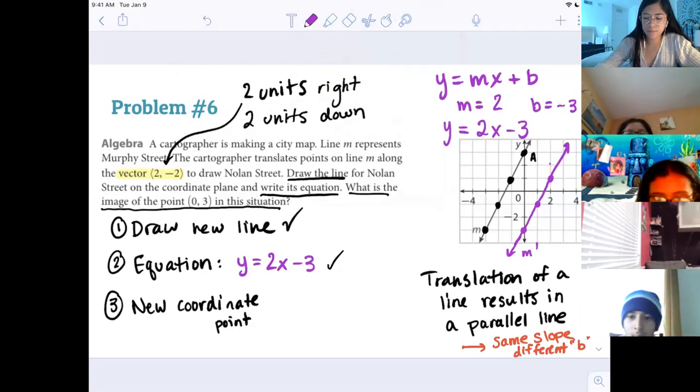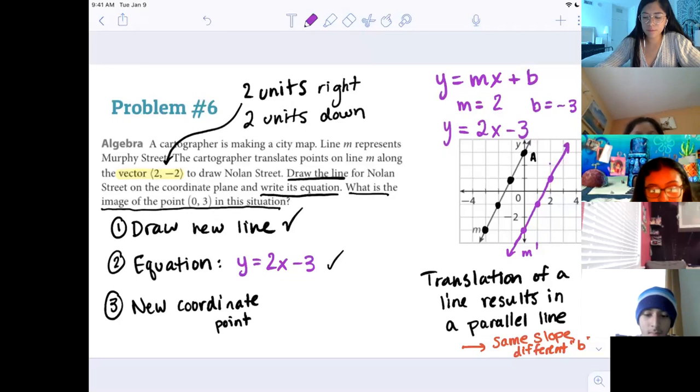Can you repeat that? Yes, it's asking what is the image of 0, 3. I labeled it with an A. That was the pre-image. What is the image? So where does it end up on the purple line?